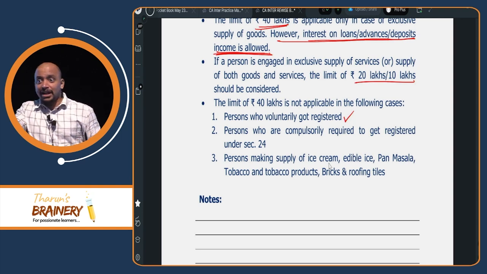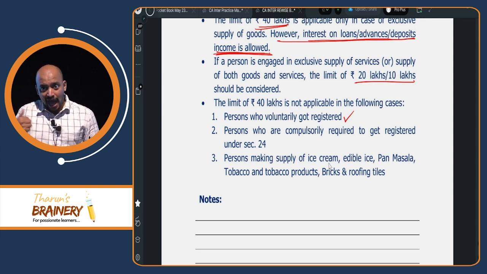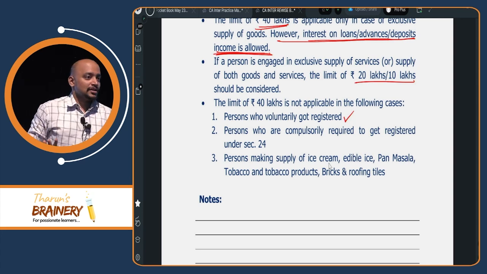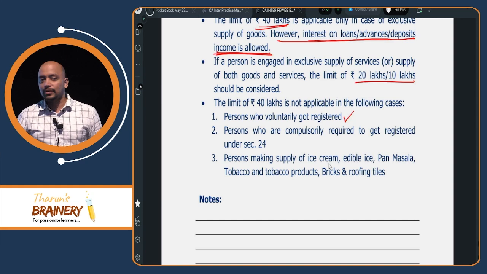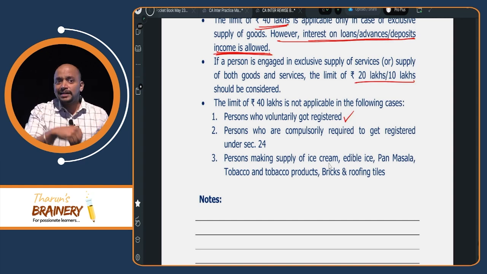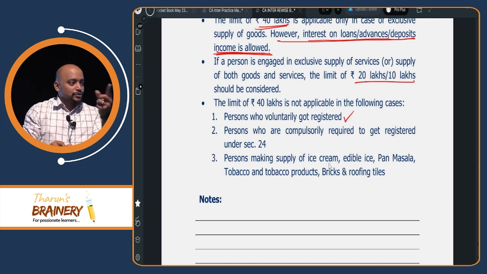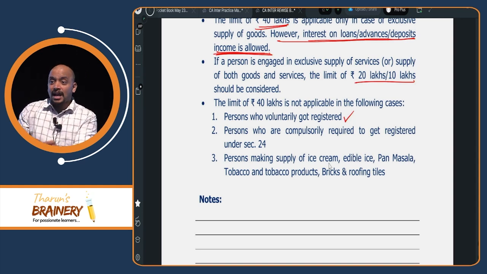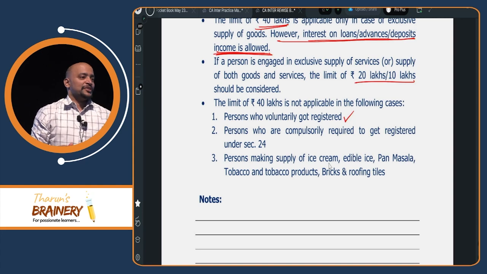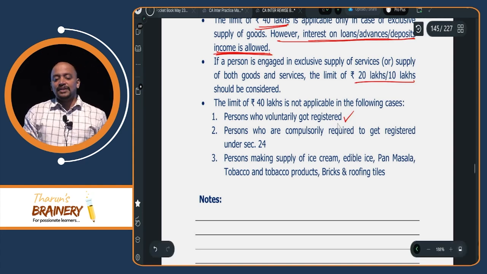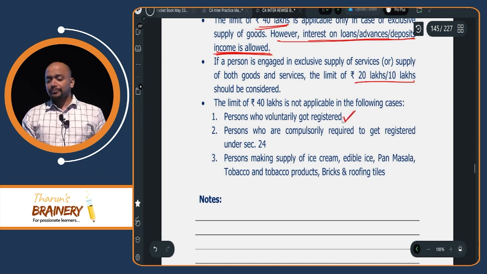Then I have to pay GST the moment I am registered. No need to see the 20 lakhs limit. So then wait and register only after crossing 20 lakhs. Why are you getting registered now? You have to wait till 20 lakhs. Thereafter you register, then you are enjoying the benefit. Are you understanding? So if a person is voluntarily registered, they will not get the threshold limit.